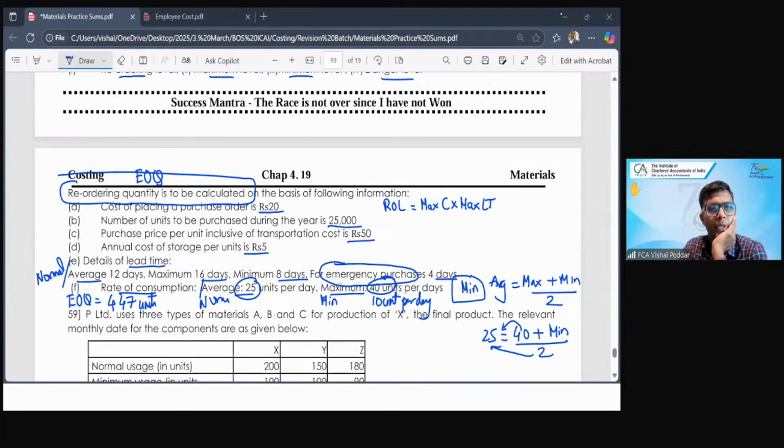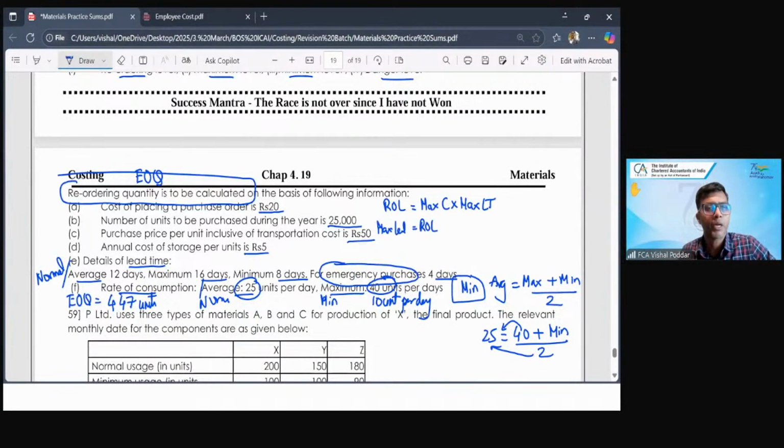So formula is ROL. I have already given maximum consumption into maximum lead time. Maximum level formula is ROL. That is why you should always first find out ROL plus your EOQ, which you have just calculated, minus minimum into minimum. Correct? Students?